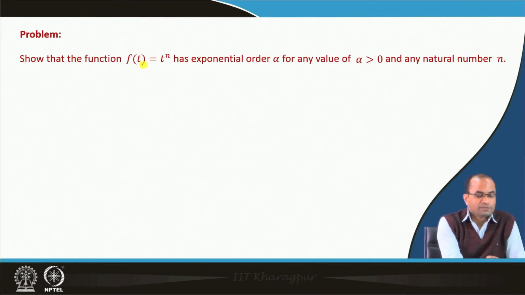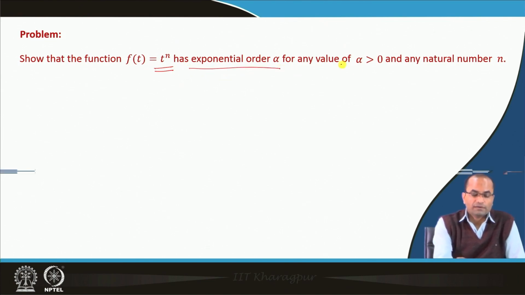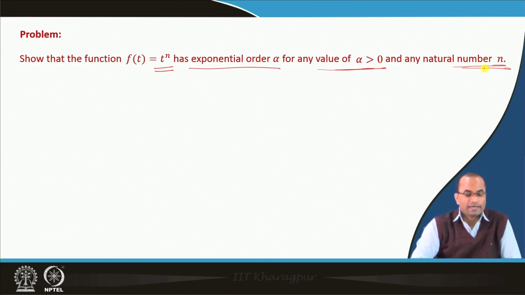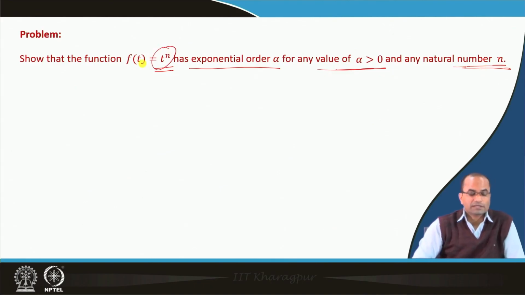Now, for instance, we can show that tⁿ, for any natural number n, has exponential order α, where α can be any positive number.